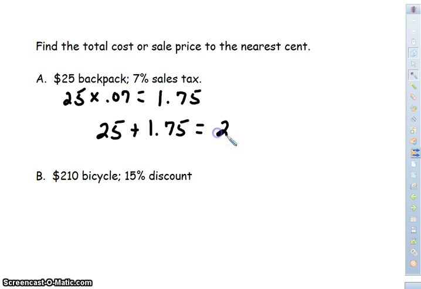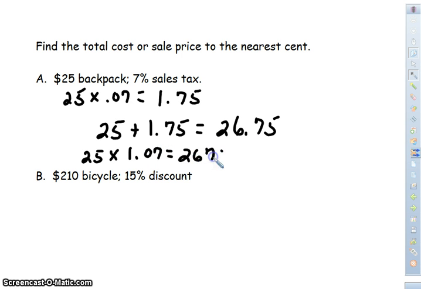So I get $26.75. Another way of doing that is simply taking 25 times 1.07, and that will give me the $26.75. That was method 1. This is method 2.